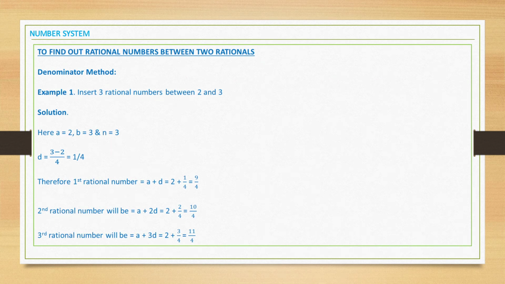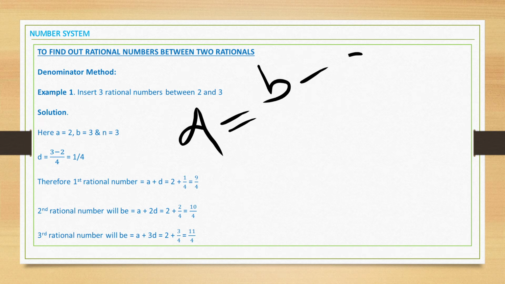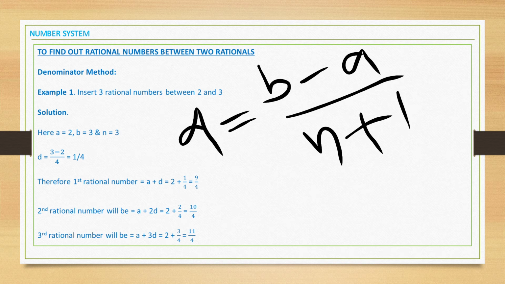Now insert three rational numbers between 2 and 3. For that the formula we should remember is d equal to (b minus a) by (n plus 1).